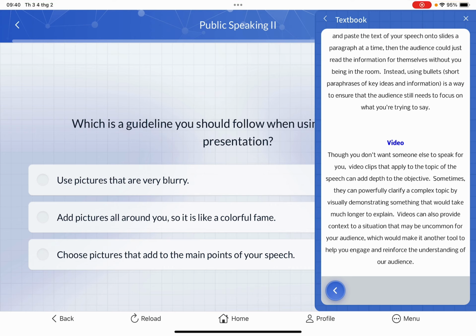Videos can also provide context to a situation that may be uncommon for your audience, and they are another tool to help us engage and reinforce the understanding of our audience.